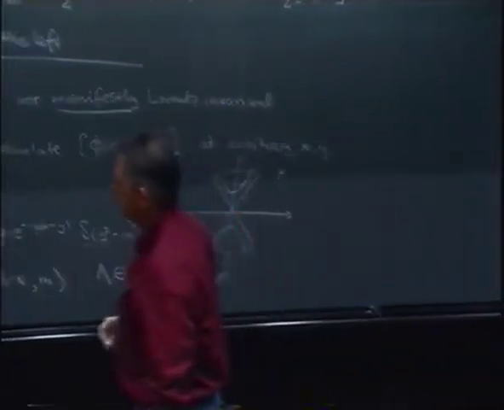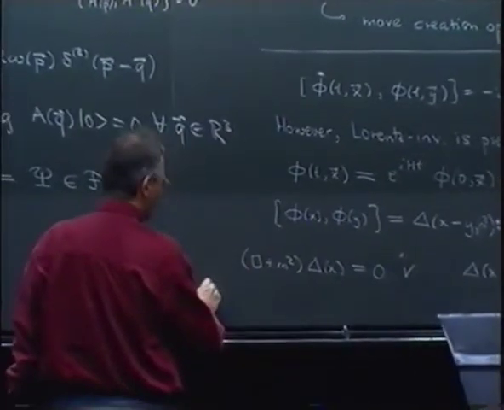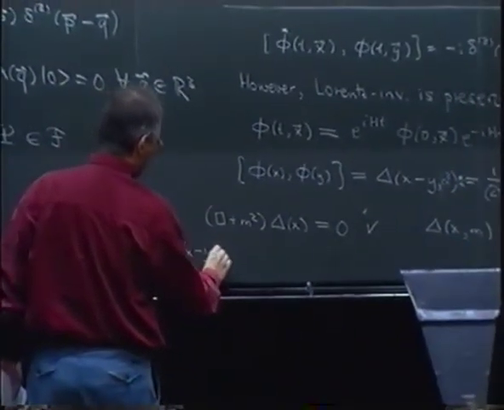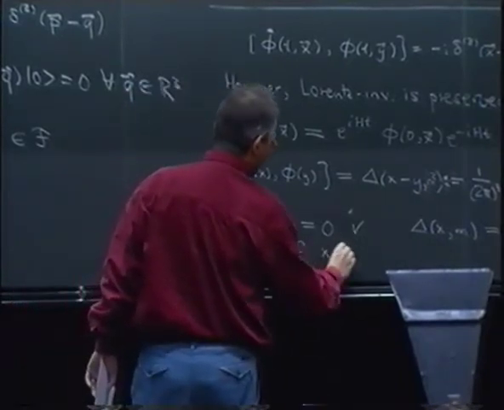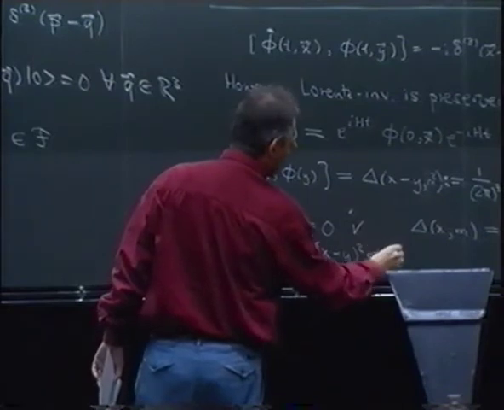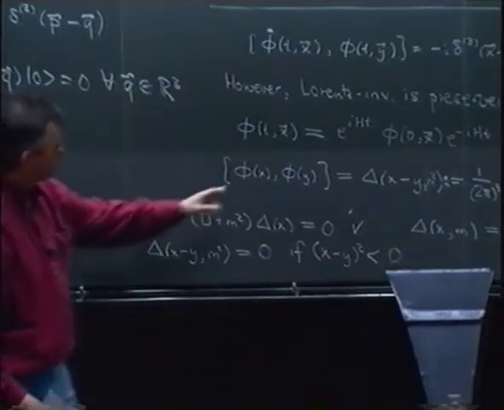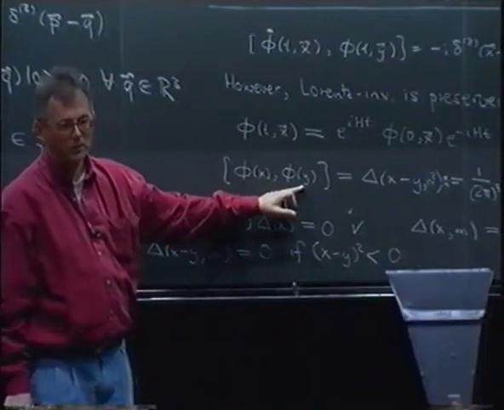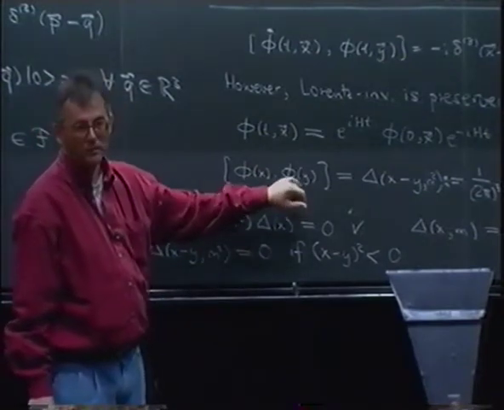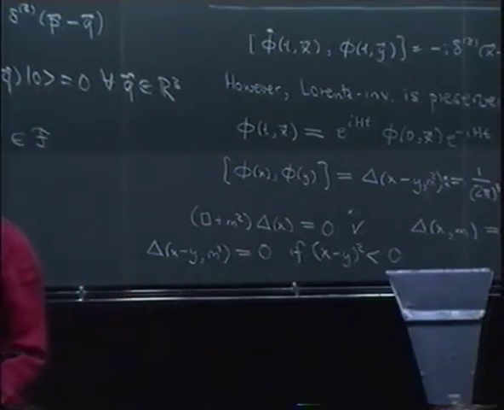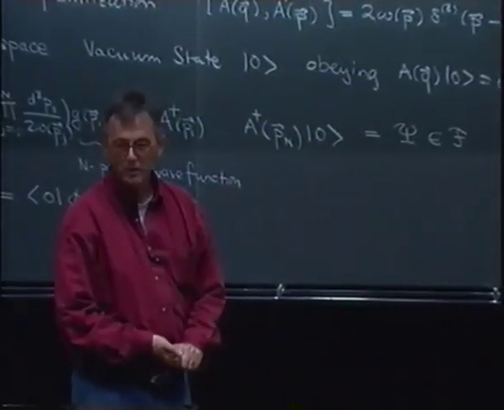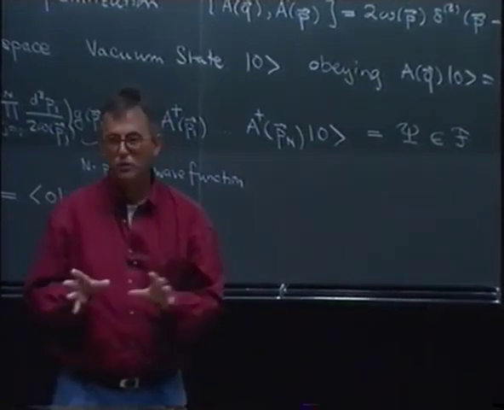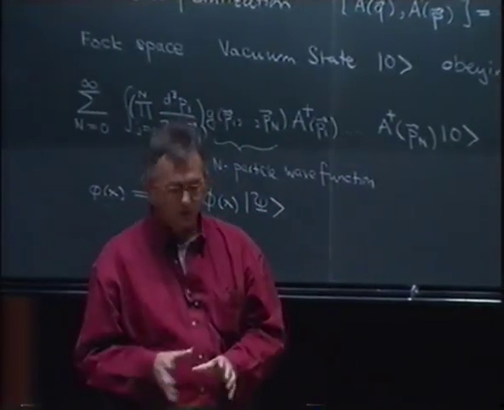algebra, you can check that indeed delta of x minus y m squared is equal to 0 if x minus y squared is less than 0. That is, the commutator between two such field operators vanishes at space-like distances. This is something I mentioned at the beginning of these lectures as one of the general postulates of quantum field theory. This is something that should also be true for an interacting quantum field theory.